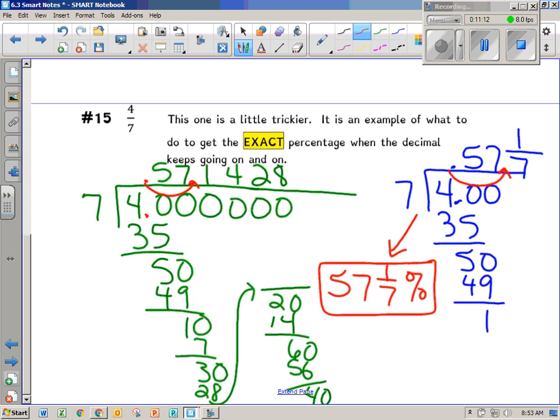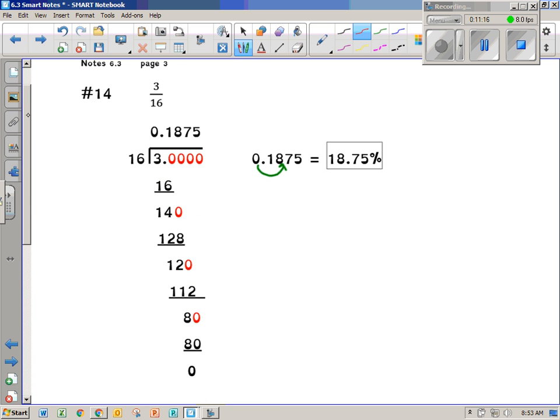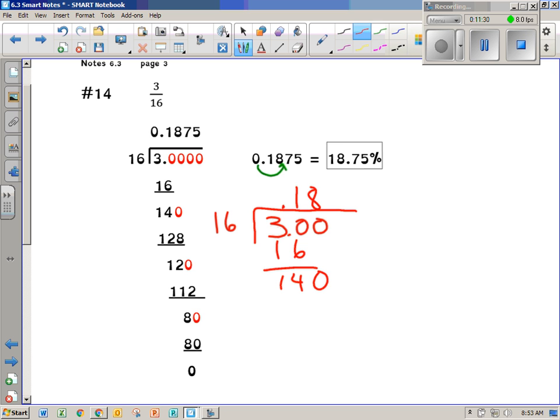So anytime I converted one, like even on this last problem, I could have stopped. If I had gone to, I could have just put 2 places here. And so I'd have 1, 8, and then I got 12. And then I could just stop and take my remainder and put it over my divisor.